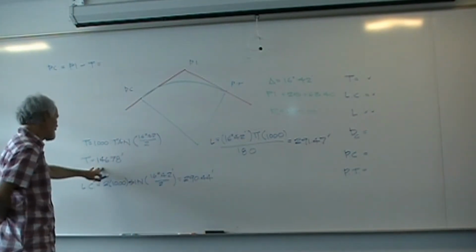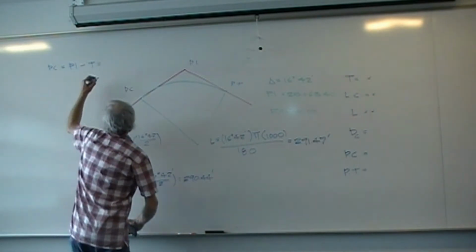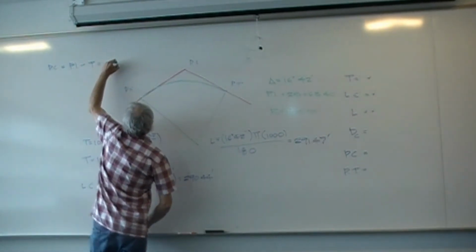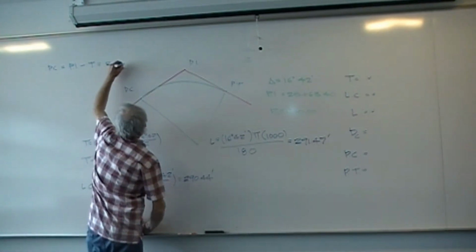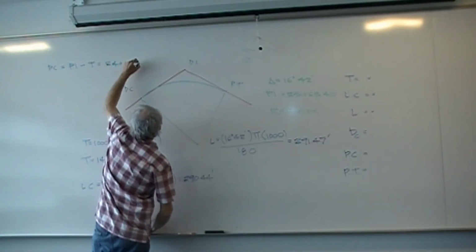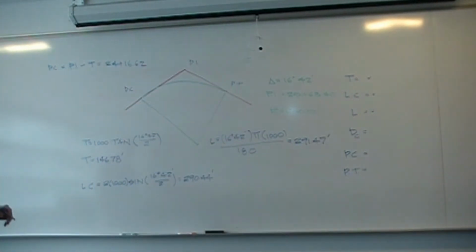We are subtracting the T, 146, off of that. So we get 24 plus 16, 62. Okay, so that would be our PC reference.